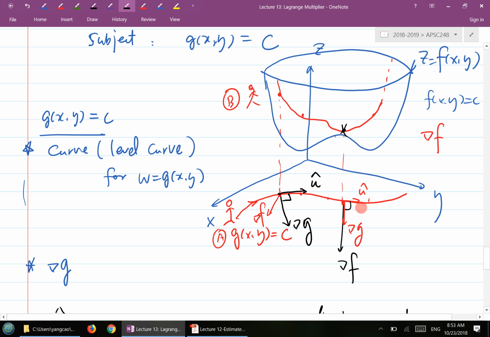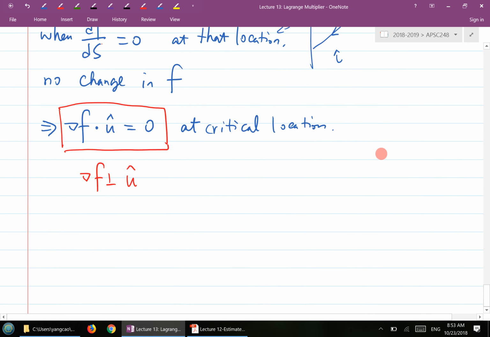So at that local minimum here, this is your relationship between the 3 vectors. And that is basically what I have written down for the 2 facts, fact number 1 and fact number 2. Fact number 1 is this. Fact number 2 is this, when we're at the local minimum.